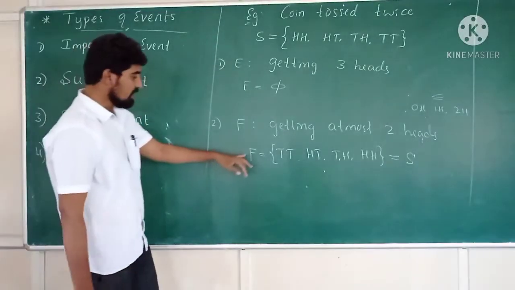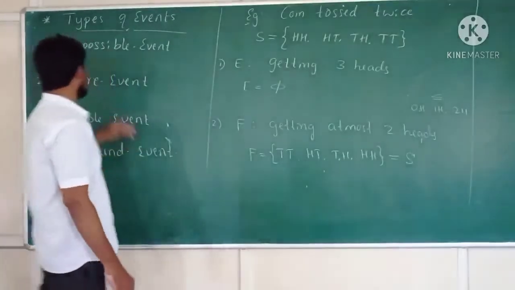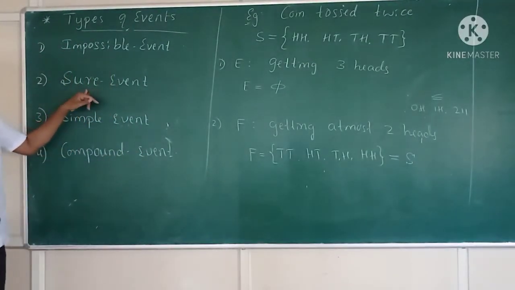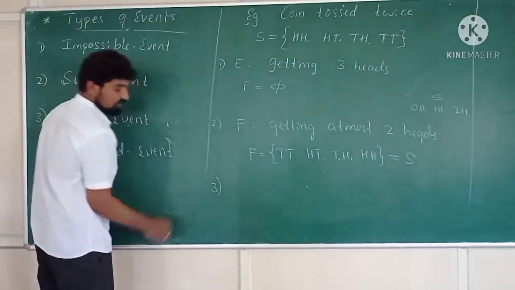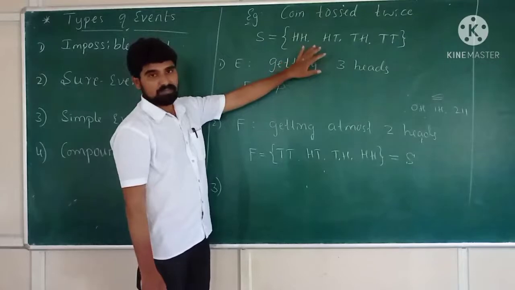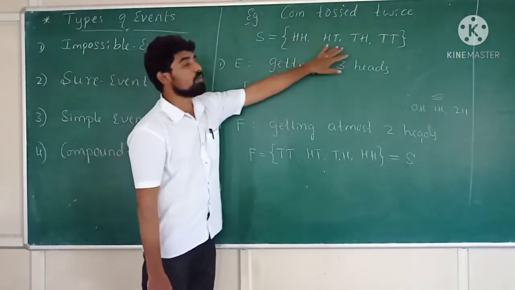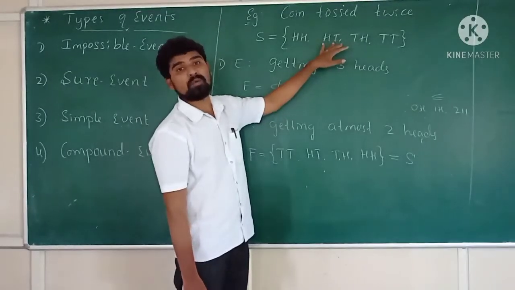The definition is: any event corresponding to the sample space is called what? Sure event. I hope all of you understood. Now the third one, what is meant by simple event? So in the sample space there exist 4 outcomes. These are called outcomes as well as sample points.